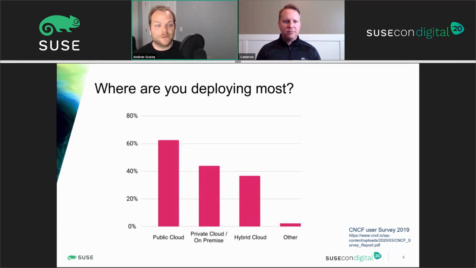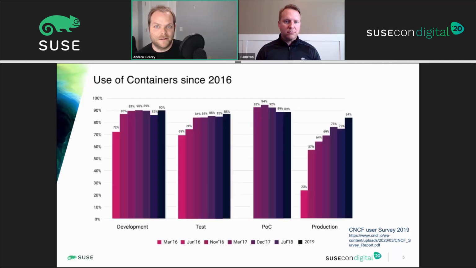We can see that there's a good mix of public cloud and private cloud, as well as hybrid use cases. So there's a lot of complexity going on, as well as just a lot of breadth of different types of problems to be solved. You can see that in the last few years, production use of containers has taken off and really caught up with development and test use.